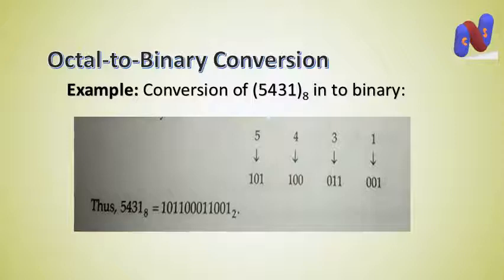And when we collect all these 4 groups into one group, we get the binary equivalent of the octal number 5431, which is 101100011001. So this is the binary value of that particular octal number.